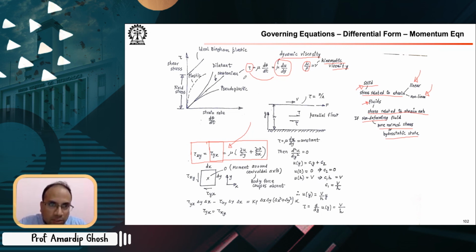For Newtonian fluids, the relationship is linear, but there are non-Newtonian behaviors of various kinds. The ideal Bingham plastic, for example, starts responding only at a sufficiently high level of shear stress, and then in this graph here, it almost looks like a linear relationship, but it has that initial threshold that has to be crossed.